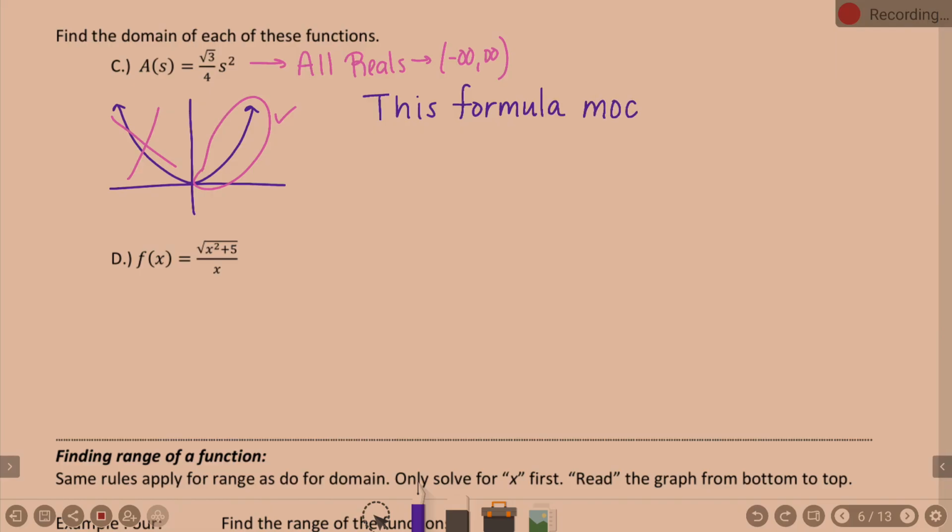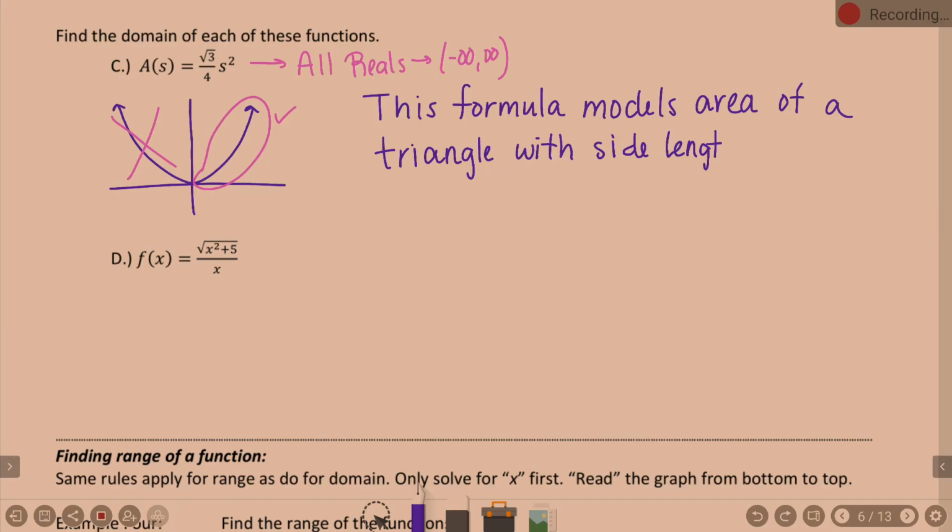Models area of a triangle with side S. I'm going to say with side length S. Because of that, what are you going to say about the domain now? This is where you're just using logical thinking.